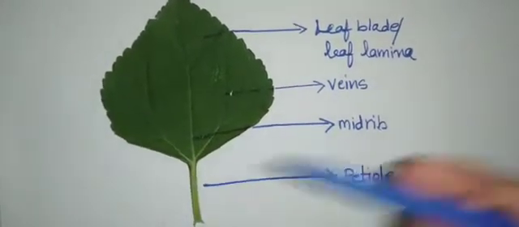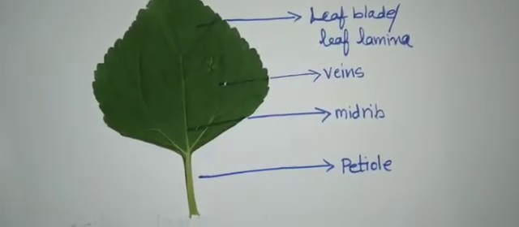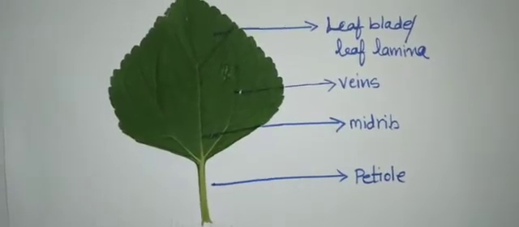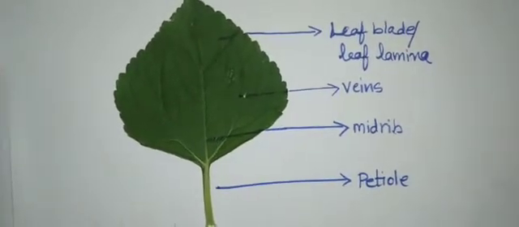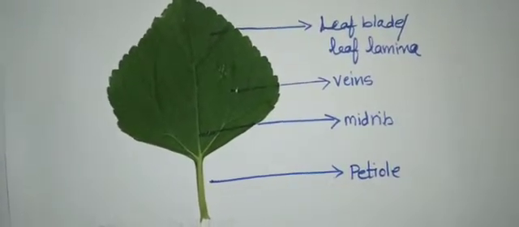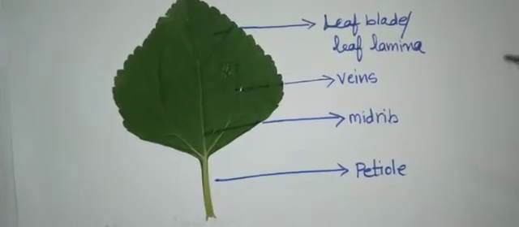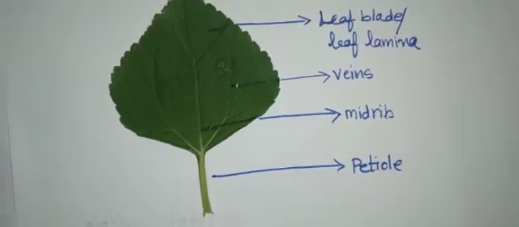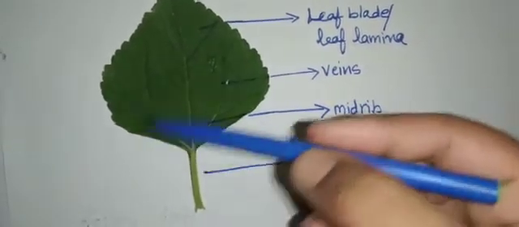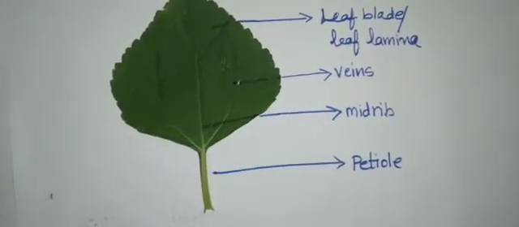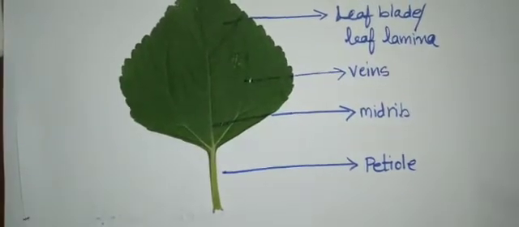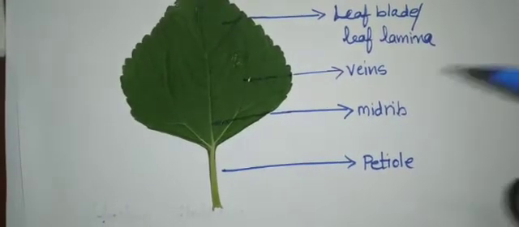Okay, so you know that the leaves grow at the region of a node, right? We have already learned in the previous class that the node, where exactly the leaf will arise, is called a node. So these leaves will grow at the nodes of the stem, and they are attached to the stem.